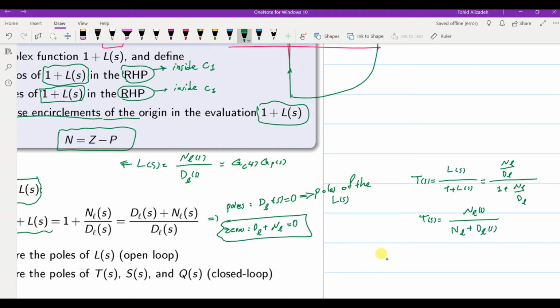And you can see now that DL plus NL equal to 0 will give us the poles of the closed loop system.